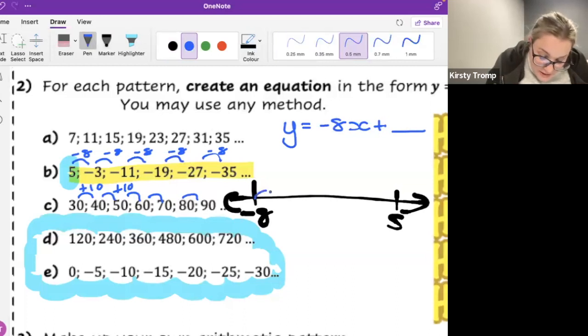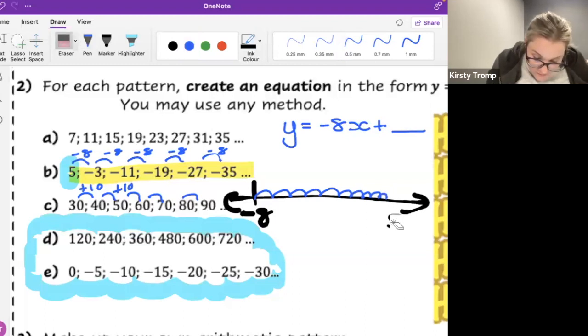So I can go say negative 7, negative 6, negative 5, negative 4, negative 3, negative 2, negative 1, 0, 1, 2. Oh, I'm running out of space. 2, 3, 4, 5. And then I can go count here.